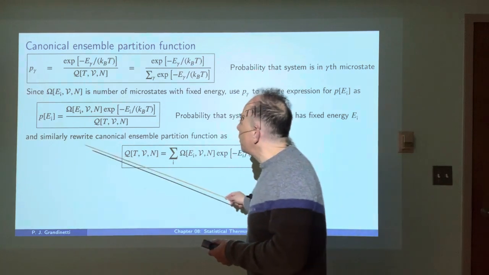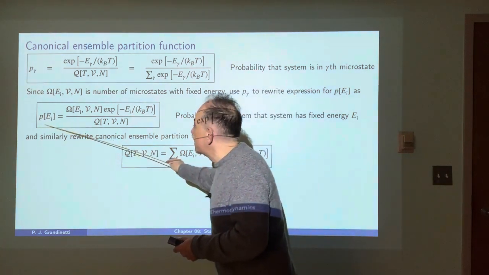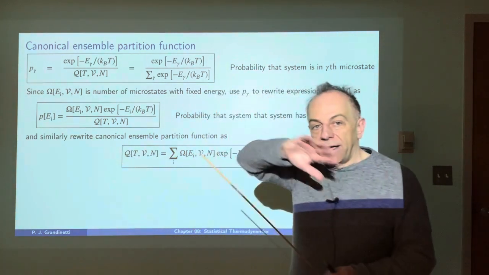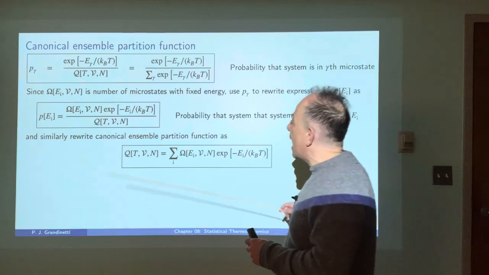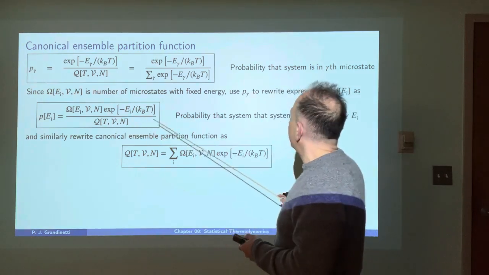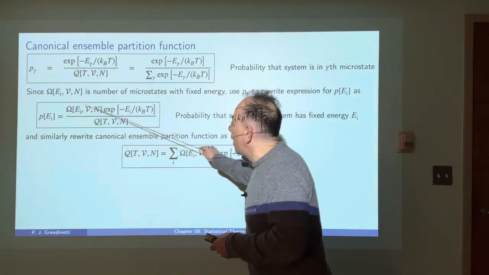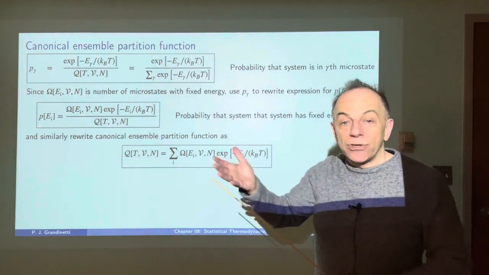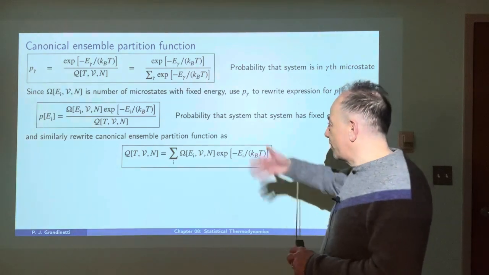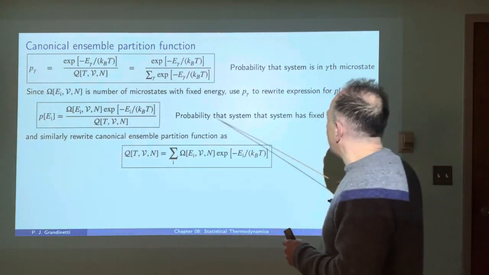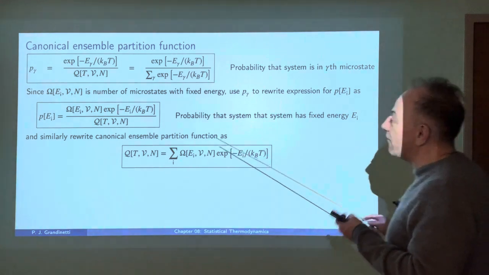So if I wanted to know the probability that the system is in a given hypersurface, then I could simply use this expression up here and multiply it times the number of microstates on that hypersurface, and that would give me the probability that the system is in a state with that fixed energy.